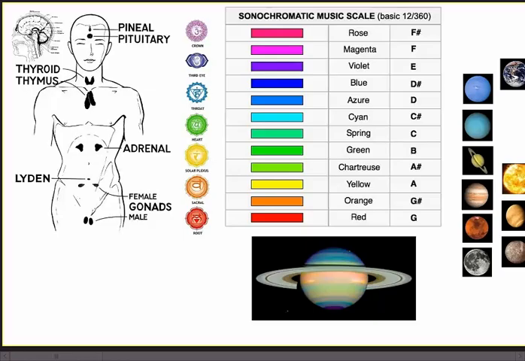So the light that we see is actually 30 and 40 octaves higher than the frequencies that we hear, but they are the same frequencies. If we could actually hear them, we would hear the same notes. If we could see the colors of what we can hear, then we would see the same colors at that range.